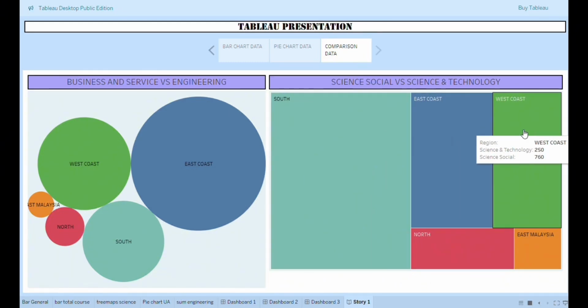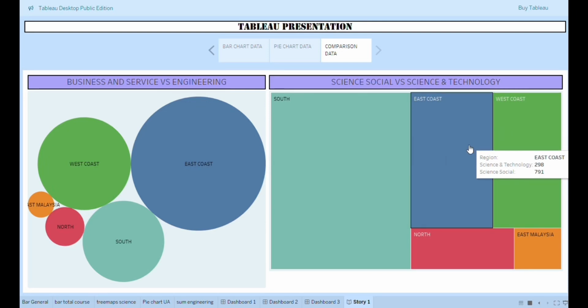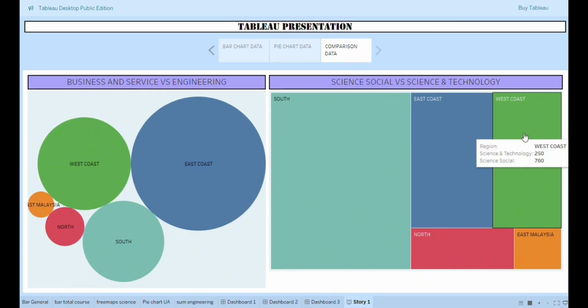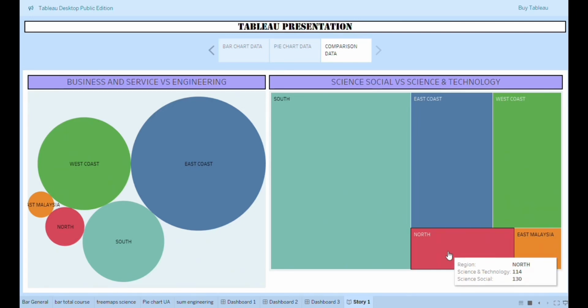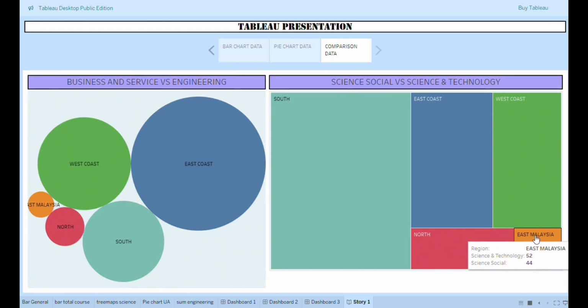East Coast and West Coast are mid-size, where East Coast has science social at 791 and science and technology at 298, and West Coast has science social at 716 and science and technology at 250. North and East Malaysia are the smallest, where in North, science social is 130 and science and technology is 140, and in East Malaysia, science social is 44 and science and technology is 52.